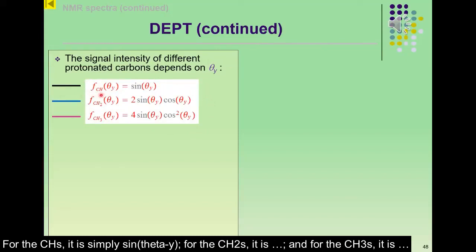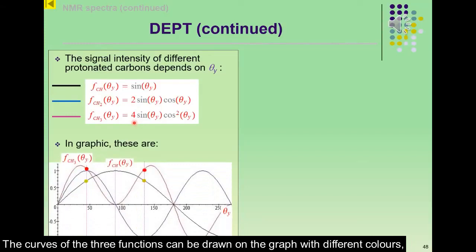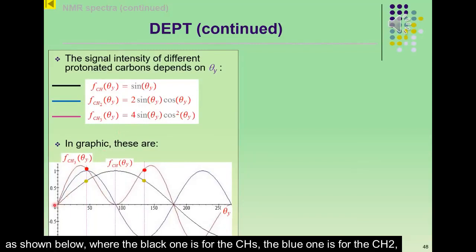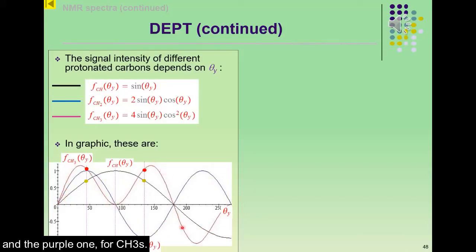For the CHs, it is simply sine theta Y. For the CH2s, it is 2 sine theta Y times cosine theta Y. And for the CH3s, it is 4 sine theta Y times cosine squared theta Y. The curves of the three functions can be drawn on the graph with different colors, as shown below, where the black one is for CHs, the blue one is for CH2s, and the purple one for CH3s.